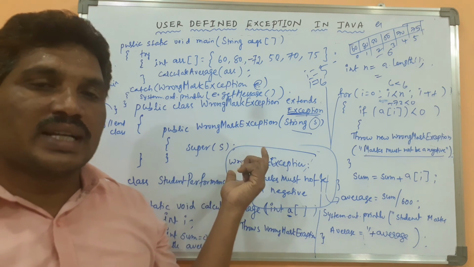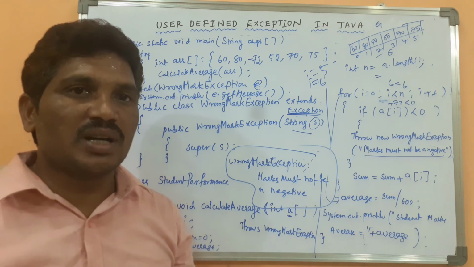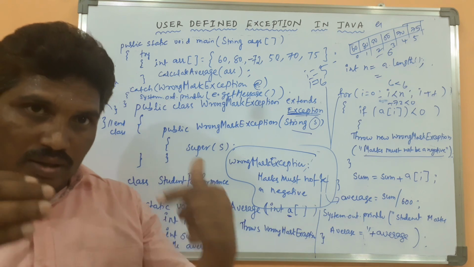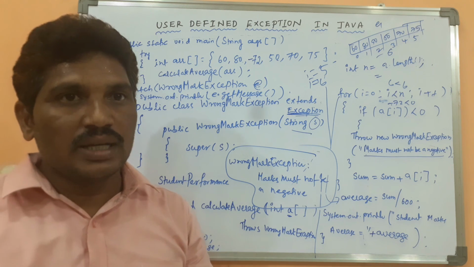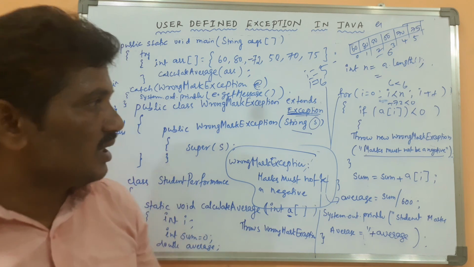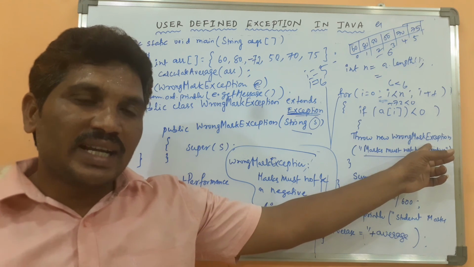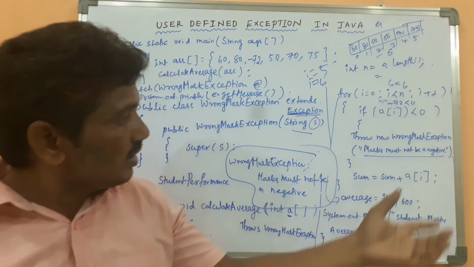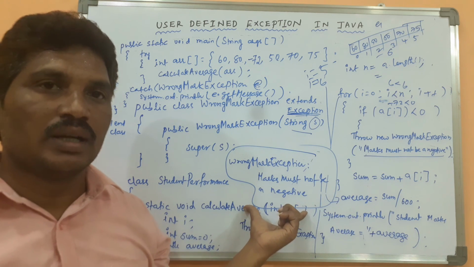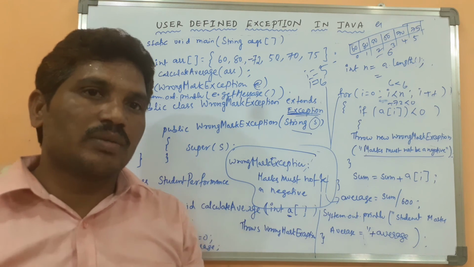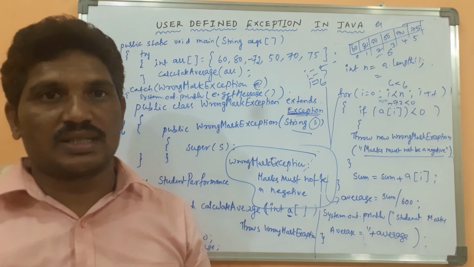What is a user defined exception? You can create your own exception apart from the built-in exceptions, and that is called a user defined exception. Here WrongMarksException is not a built-in exception. I created my own as per my requirement. As per your requirement you can create your own exceptions.